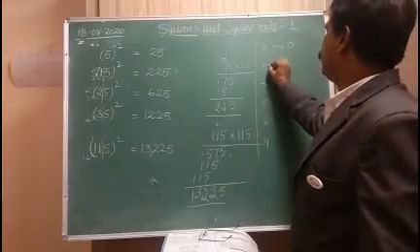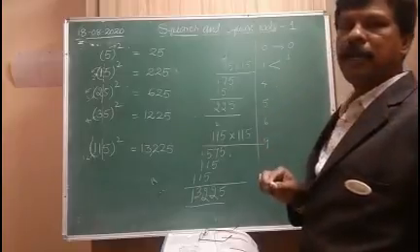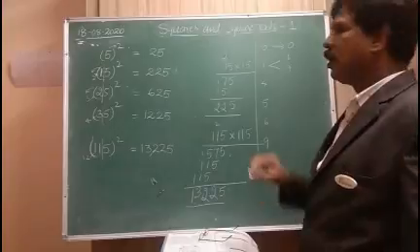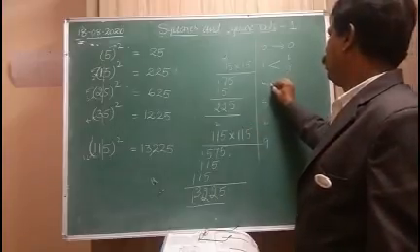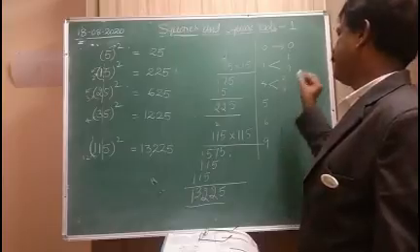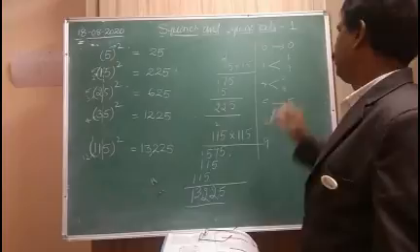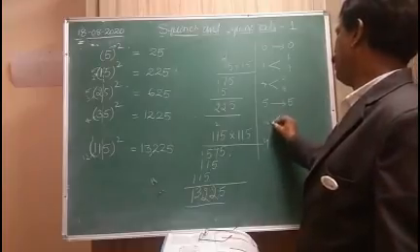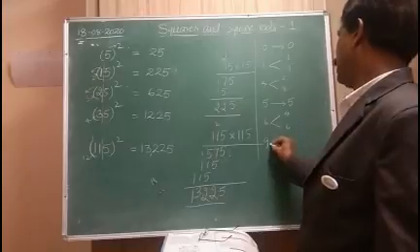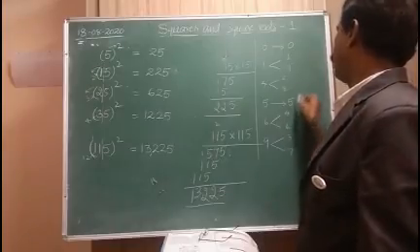To get 1, we should take a number ending in 1 or 9. To get 4, we should take a number ending in 2 or 8. To get 5, it is only a number ending in 5. To get 6, a number ending in 4 or 6. And to get 9, a number ending in 3 or 7.